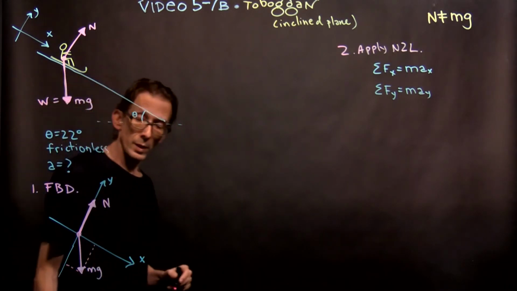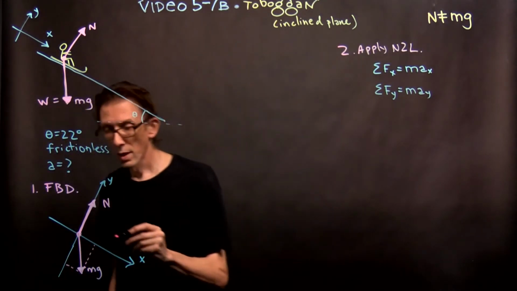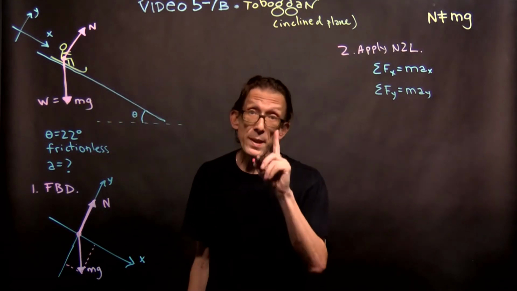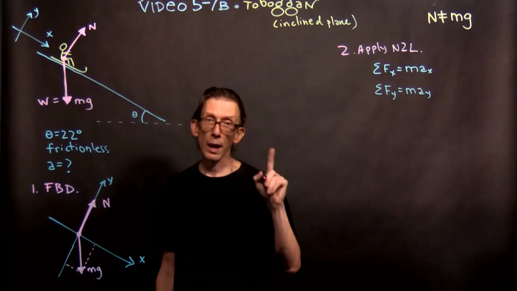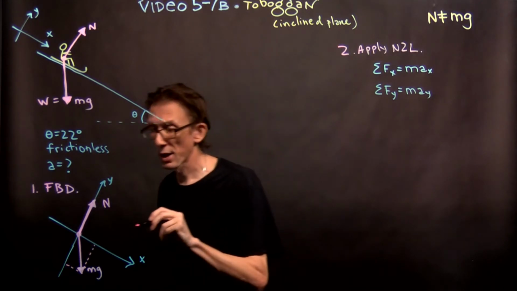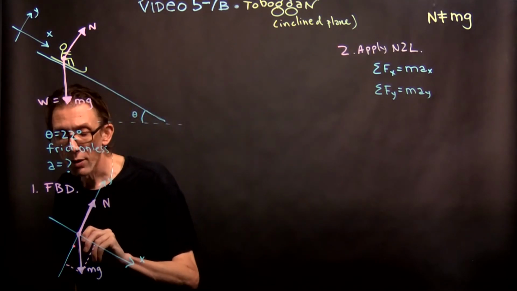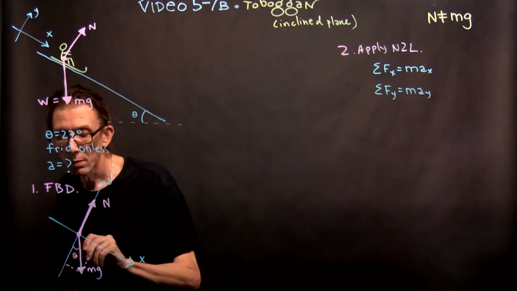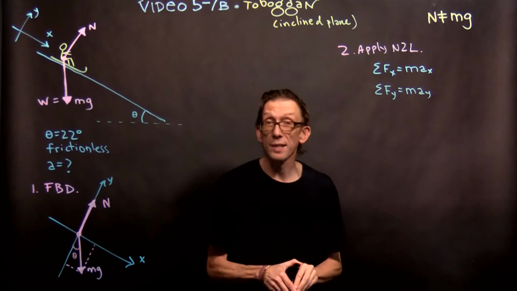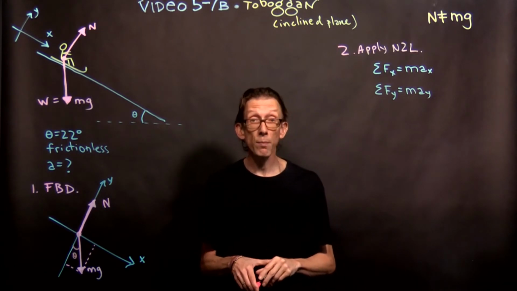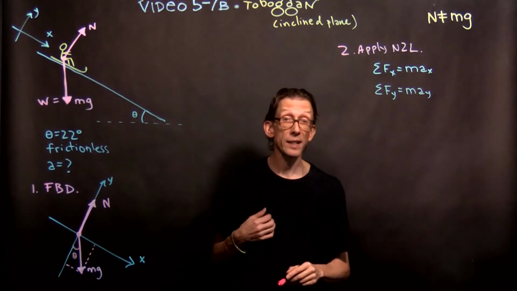Okay. Now in this case, I'm going to skip the explanation, because that would take about half of the time for a video. I'm going to skip the explanation, but for now, I'm going to tell you that this is the angle theta. And we're not going to use the position angle in this case. Remember what the position angle is. That's the angle as measured from the positive x-axis.